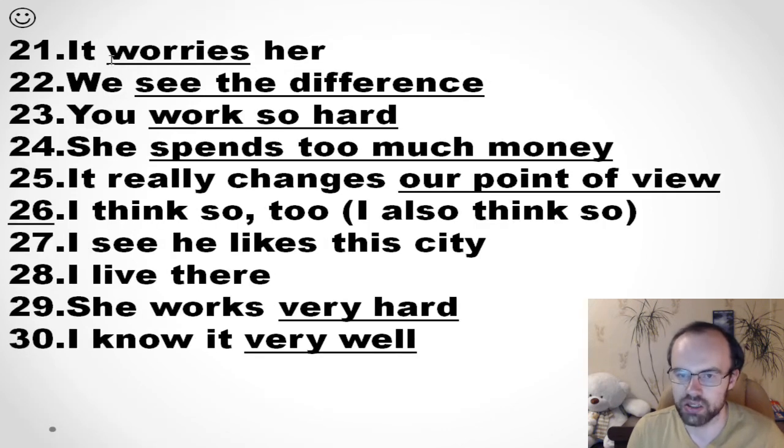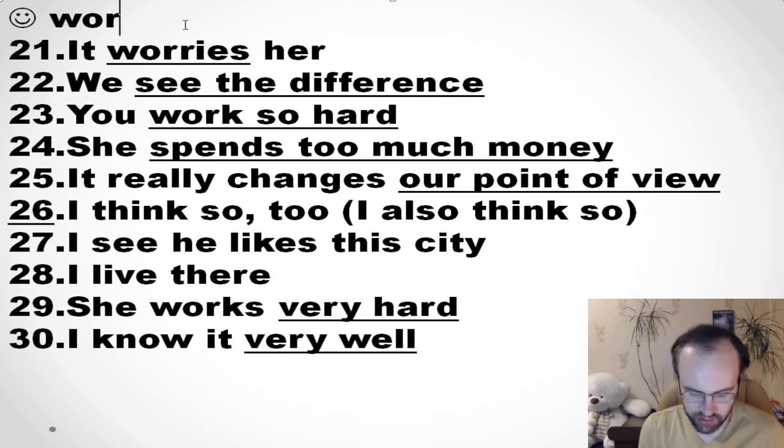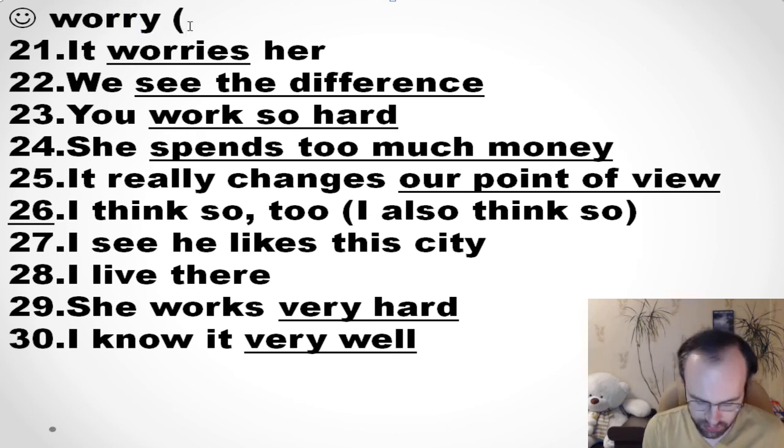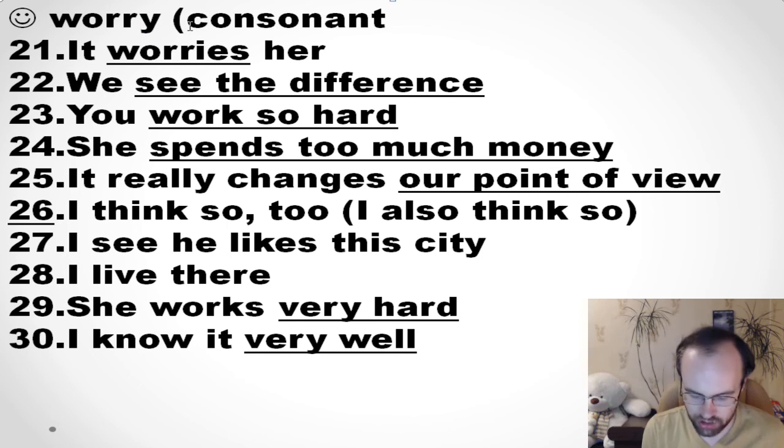Good, next. So it varies here. So if you look at this verb, we see y in the end. If we see y in the end and there is a consonant before y, we change it to what?